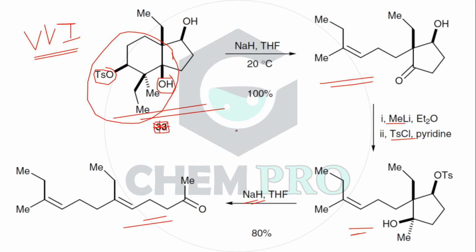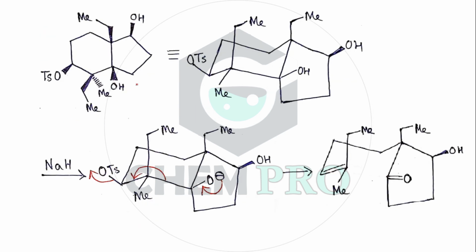So let's check the mechanism. We can write this like this chair conformation, where here is the electron donating group, that is OH, and here is the X, these two. Okay, so from this part we can get the fragmentation.